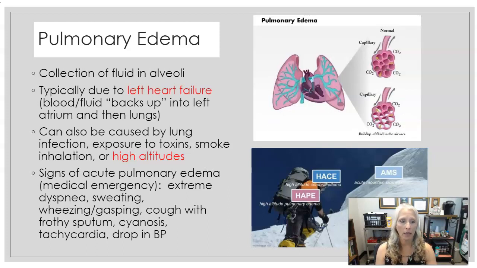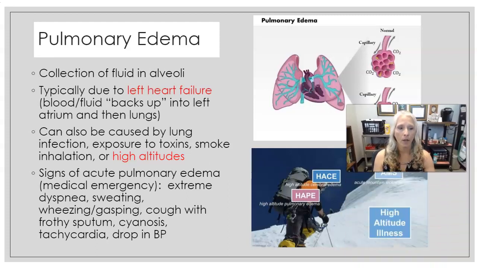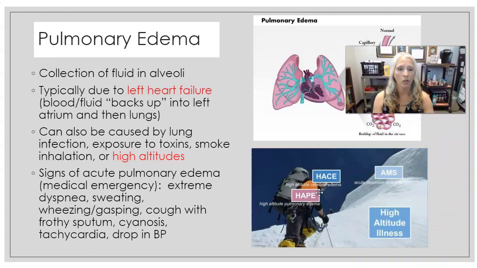Now, there are some other things that can cause pulmonary edema. One of those is high altitudes. You can get high altitude pulmonary edema. You can get high altitude cerebral edema, which is the swelling of your brain. That's really bad. Or acute mountain sickness. All of those are altitude illnesses.